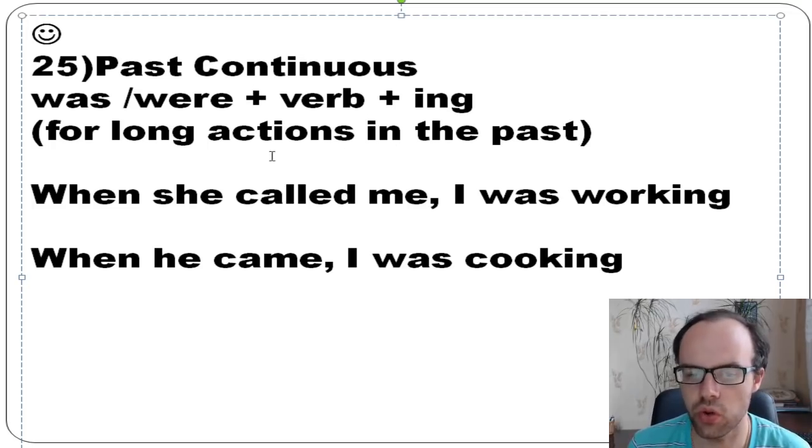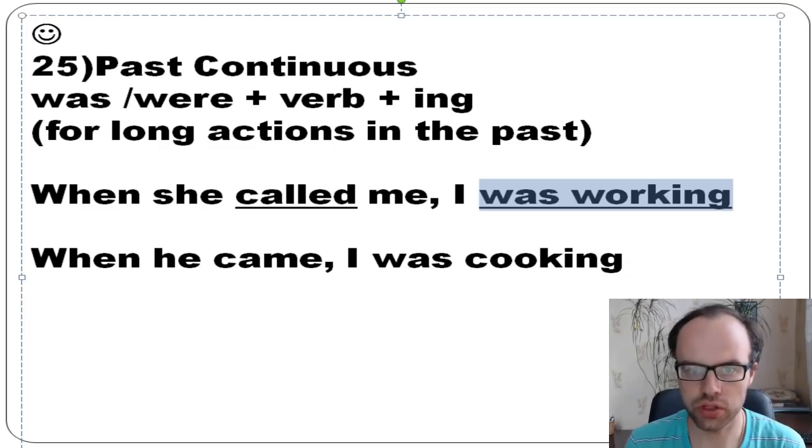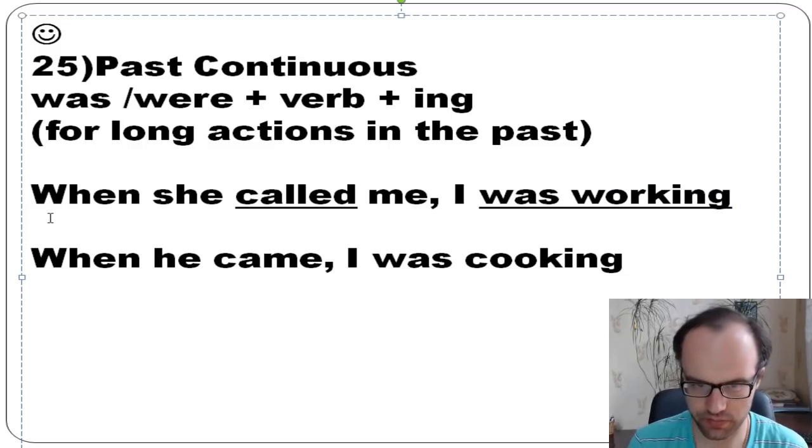We often use it with when, yeah? So when she called me, it's past simple. I was working, so it's a long action. I was working, and then suddenly she called me, okay?